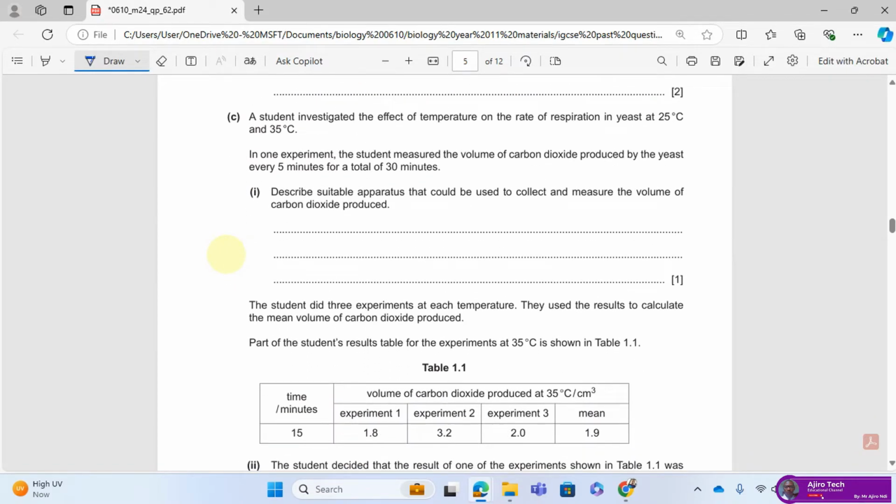Now it says a student investigated the effect of temperature on the rate of respiration in yeast at 25 degrees and 35 degrees centigrade. It said in one experiment, the student measured the volume of carbon dioxide produced by the yeast every 5 minutes for a total of 30 minutes. Describe the suitable apparatus that could be used to collect and measure the volume of carbon dioxide produced.